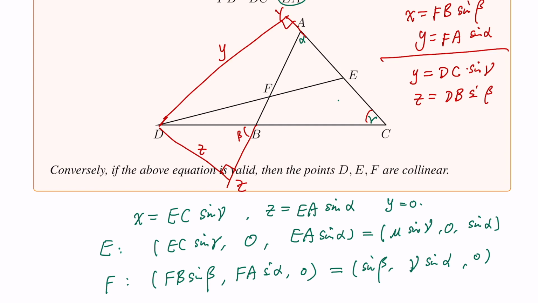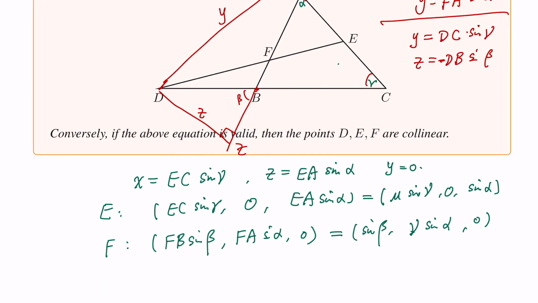However, D is outside the triangle, so its distance to AB, which is Z, should be negative, because it is on the other side of AB from the point C. However, its distance to AC is considered positive because it is on the same side as B. Anyway, one of them is negative, one of them is positive.